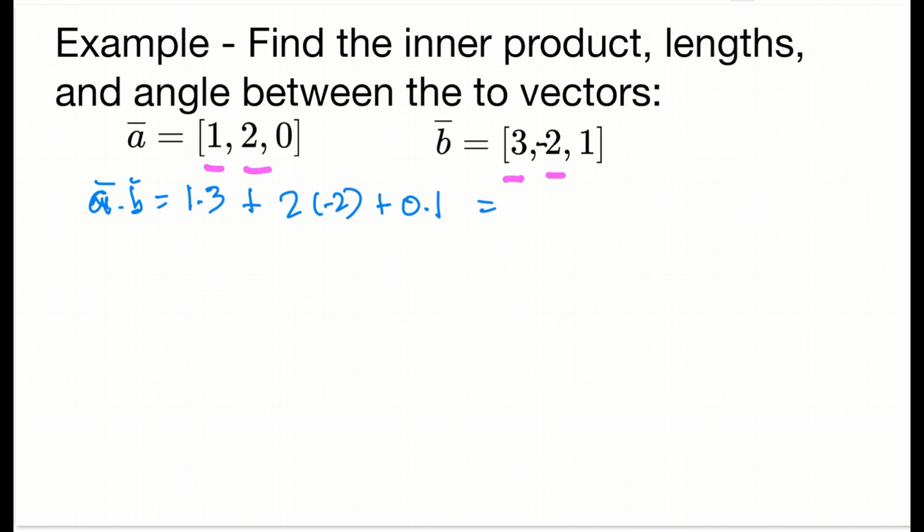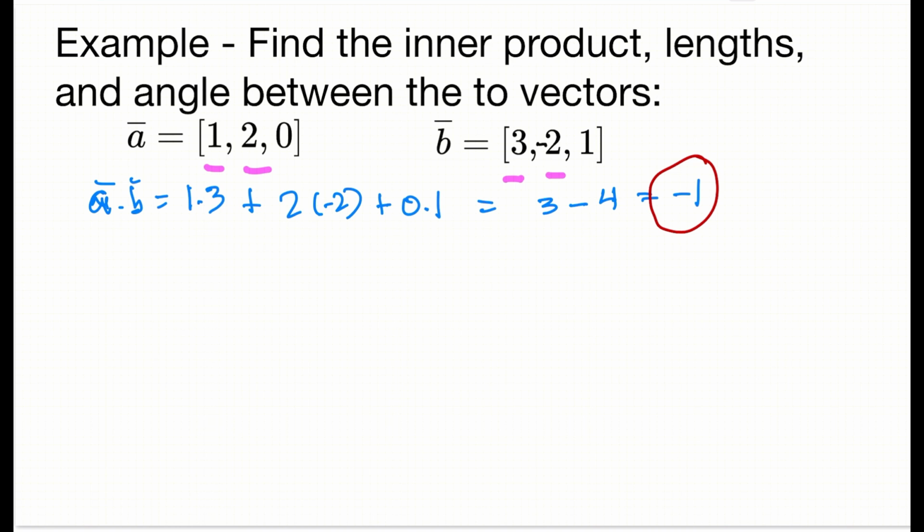So that's just going to be equal to 3 minus 4, which is equal to minus 1. So that is A dotted with B. That is the inner product right there.